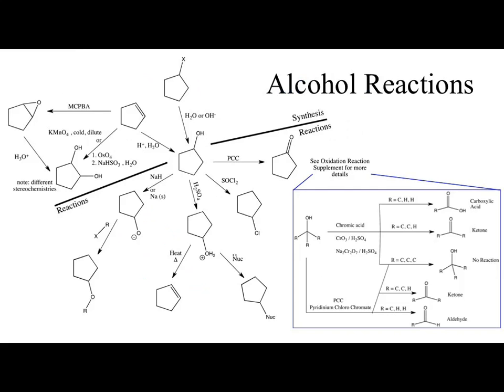So from the top, we take a look at what color is substitution? We take a look at this species. What kind of a compound is that? Give me the name of that functional group.